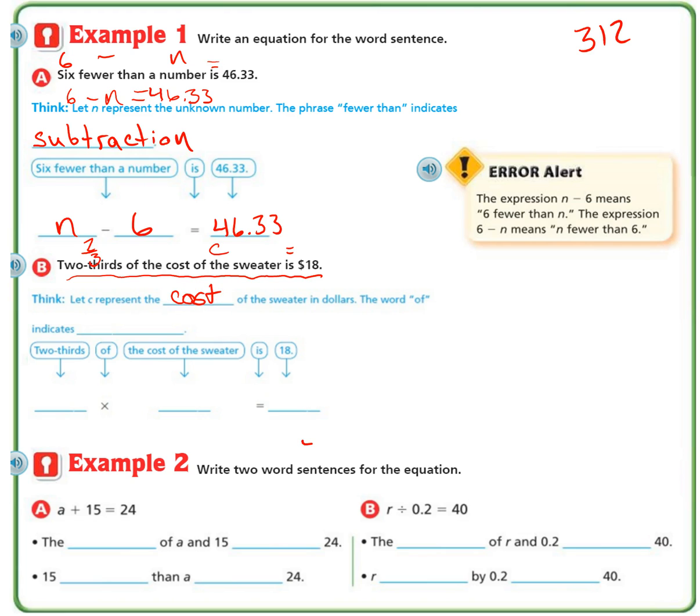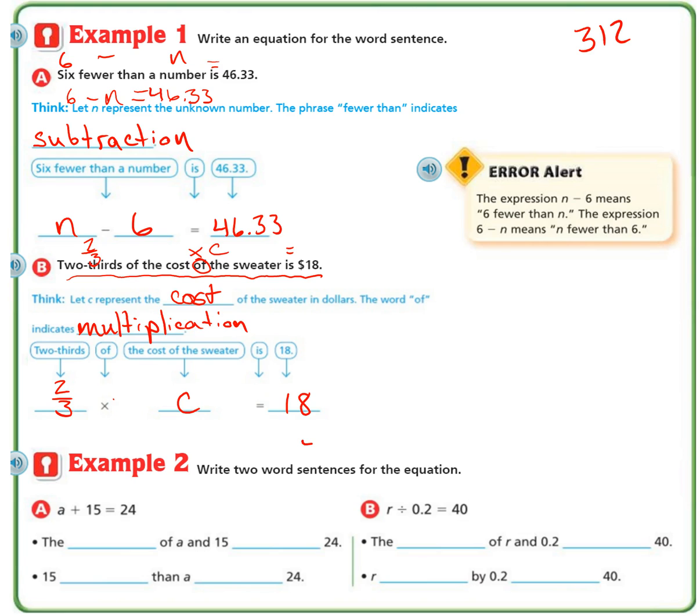The word of indicates multiplication. So that of tells us we're dealing with multiplication. Okay, so 2/3 of cost of the sweater is 18.